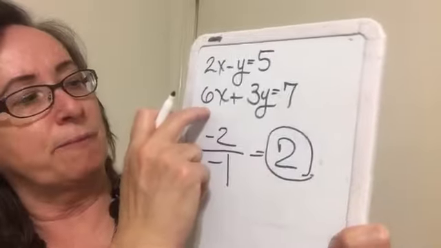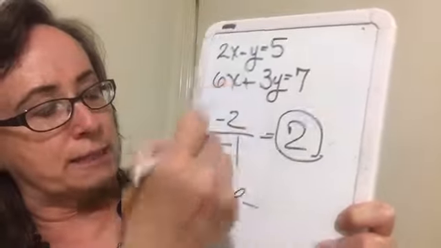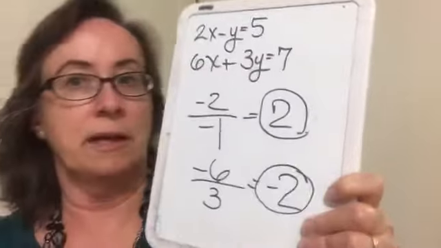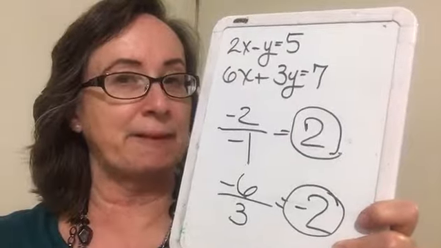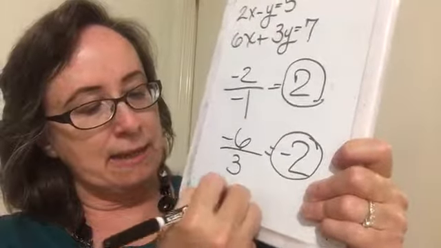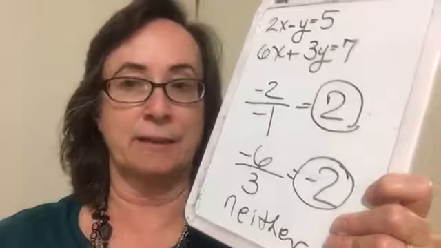The slope of this one is going to be the opposite of this one, negative 6 over 3. That winds up being negative 2. They are opposite signs, but they are not reciprocals. So this one is neither parallel nor perpendicular.